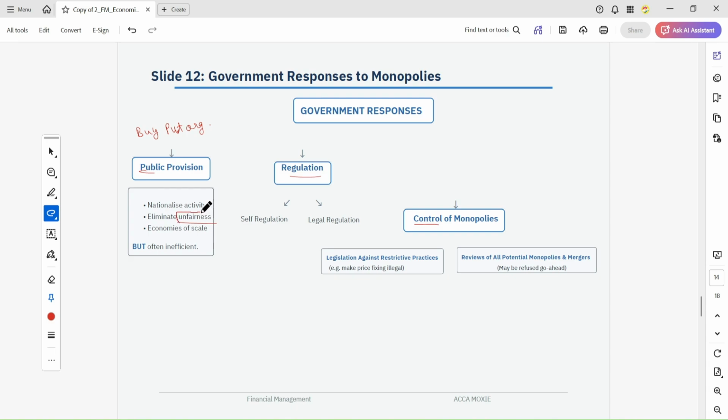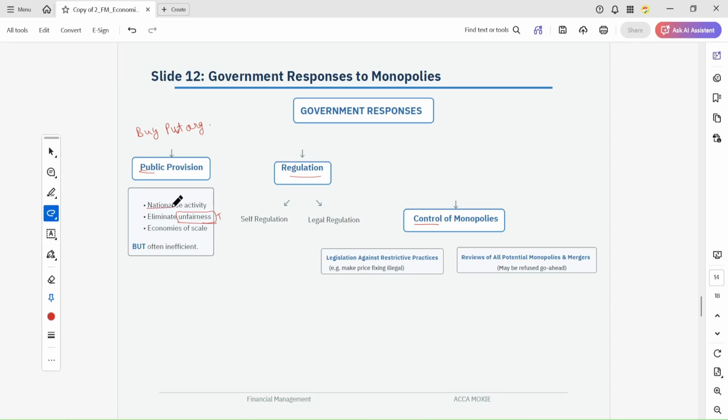This unfair price will be eliminated by the government. If the government started manufacturing the umbrella, then the government will sell the umbrellas at only GBP 10, the fair price.